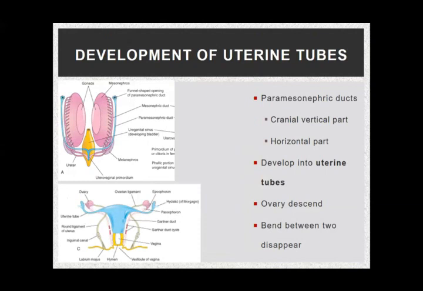Let's do the development of the uterine tubes. The uterine tubes develop from paramesonephric ducts. How do they develop? The paramesonephric duct has a cranial vertical part and an intermediate horizontal part.